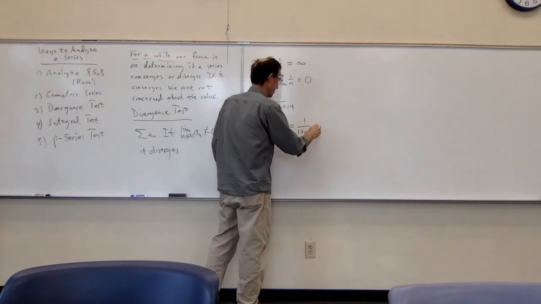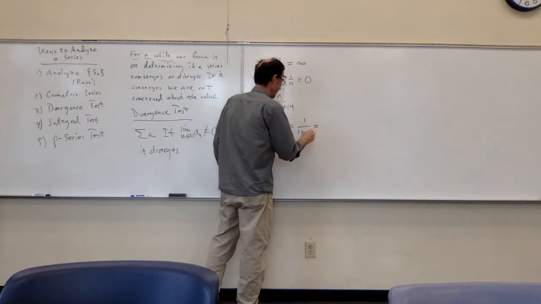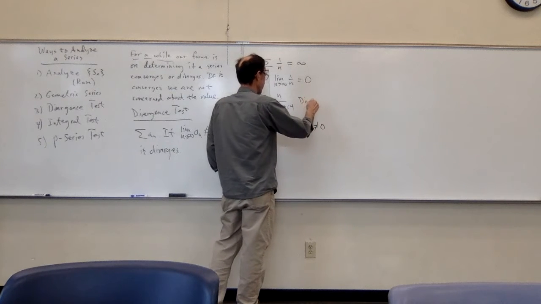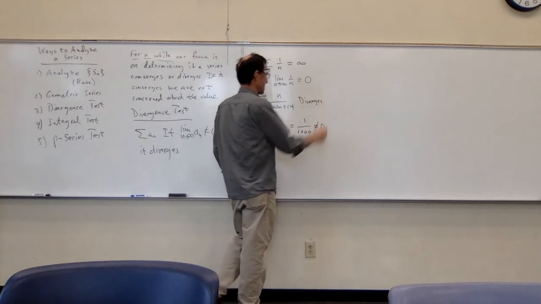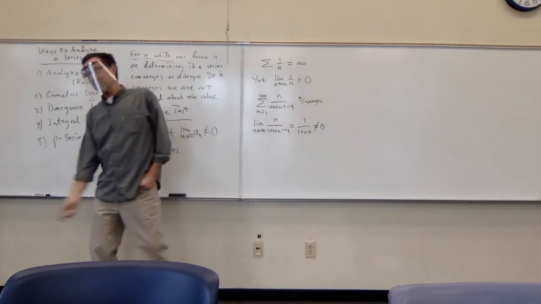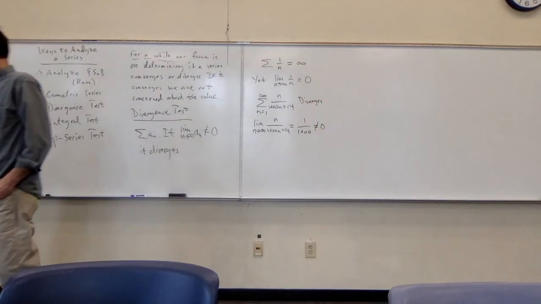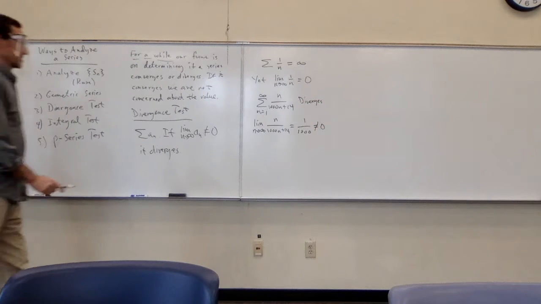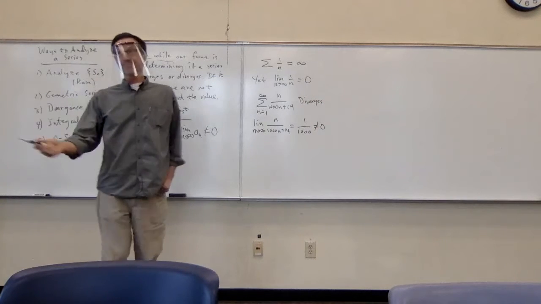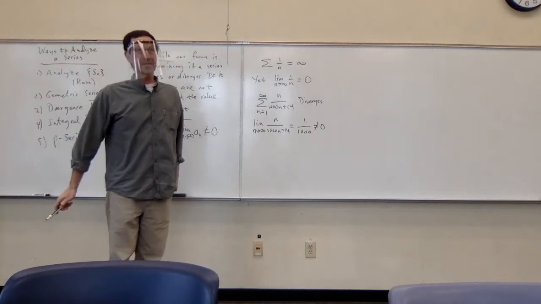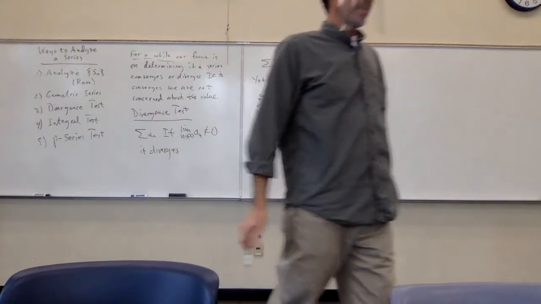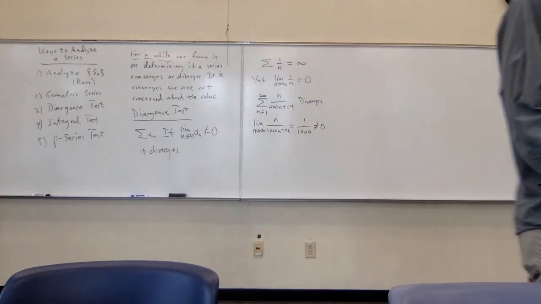Is that 0? It's not 0. Therefore, this series diverges. Close to 0, close doesn't count. If it is not 0, the series diverges. Okay. Pretty easy test to use, assuming we're up to speed with our limits.